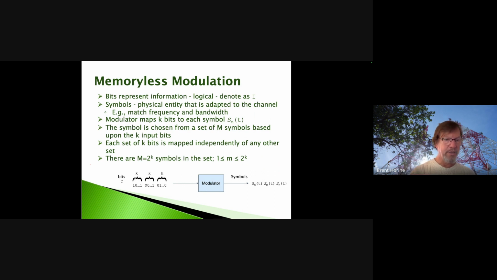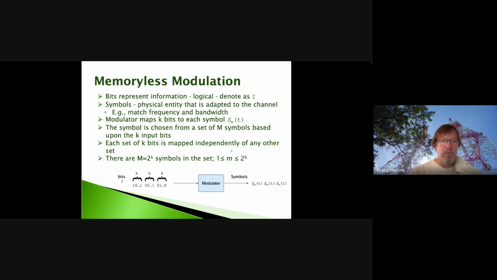Now, for any given 3 bits that come in, we send out 1 symbol, right? But we choose that 1 symbol out of a set of 8, right? And there's this mapping of these 3 bits to a particular symbol, right? So there's a unique 3 to 1 type of mapping.